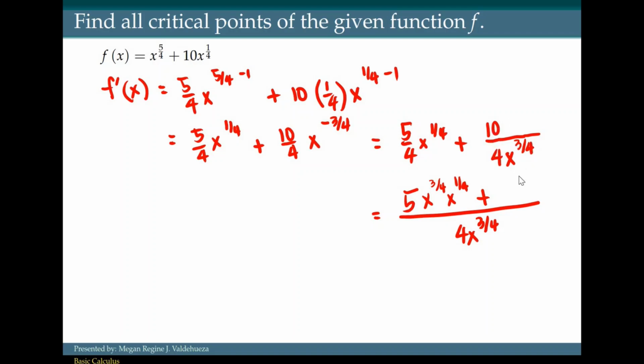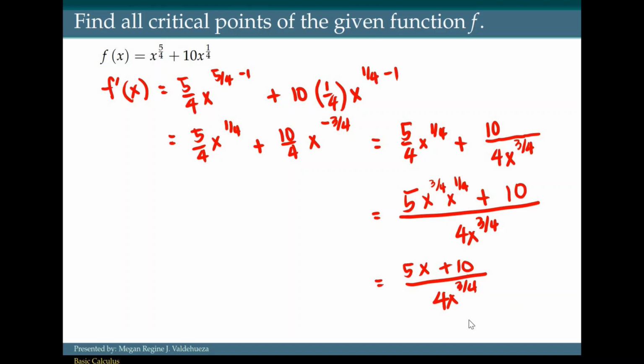We have 1 times 10, so we have plus 10. So what is the product of these variables? We copy 5. Same base, so 3/4 plus 1/4. That is 4 over 4, or that is 1. So we have 5x plus 10 divided by 4x to the power of 3 over 4.